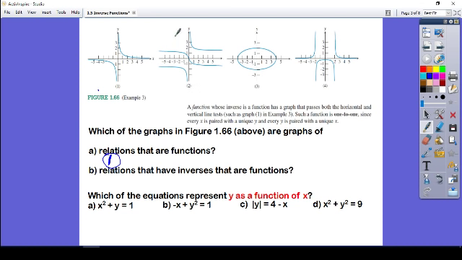Graph 2 does not pass the vertical line test, so graph 2 is a no-go. Relation 3 fails the vertical line test, so relation 3 is a no-go. And relation 4 is passing the vertical line test, so relation 4 is a function. So we have 1 and 4 for the relations that are functions.